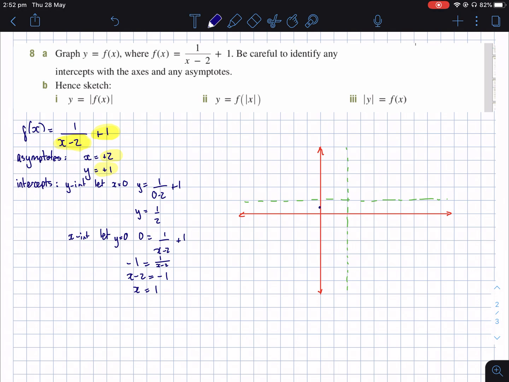So a half and 1. So this one's going to come around that way. Because it was there, if you track this up diagonally, it'll end up there. So this one's going to come around here and that. This one's going to come around here and kind of trail off that way. Okay, so that's f of x, yeah?